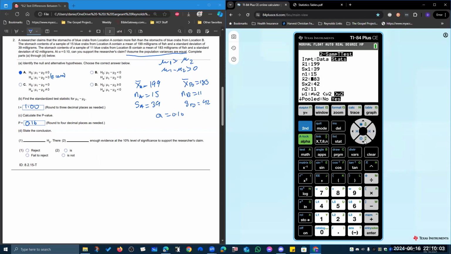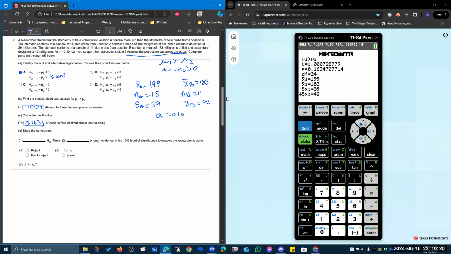Let's run this test again. That's better. So 3 decimal places, and then 4 decimal places.